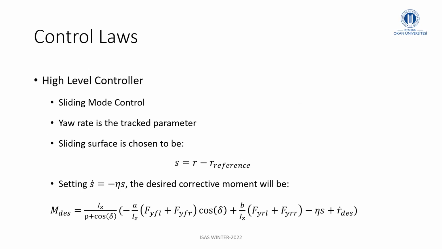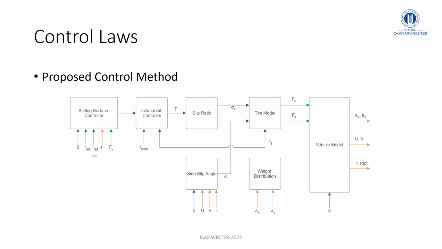The main strategy here involves the use of a high-level controller, and this high-level controller generates a desired yaw moment, which can be used to drive the low-level controllers. Sliding mode control is used as a high-level controller for this application. The yaw rate is the only tracked parameter of the vehicle. The sliding surface is chosen to be the yaw rate minus the reference yaw rate, and after equating the sliding surface and its differential in the vehicle yaw moment equations, we get the following desired moment equation.